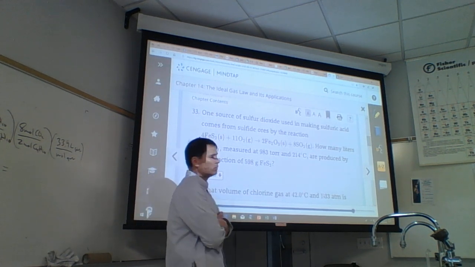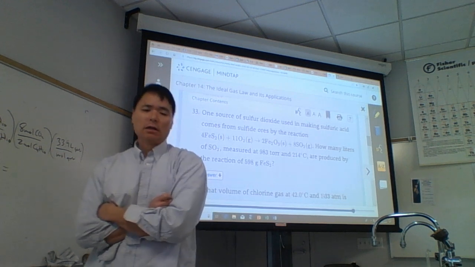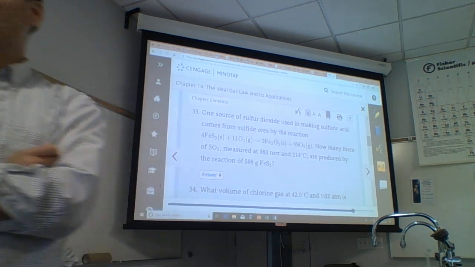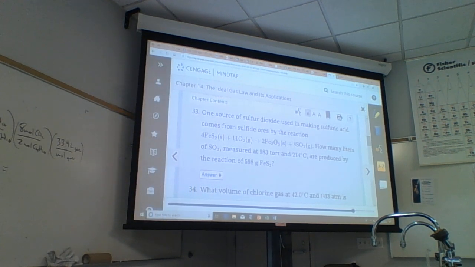FeS2 is kind of a strange one because what do you think the charge on iron is there? Well, what's the typical charge on sulfur? 2 minus, so we got 2 of them.